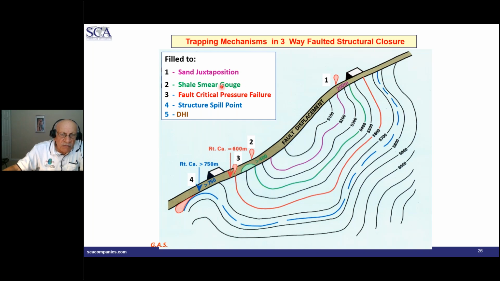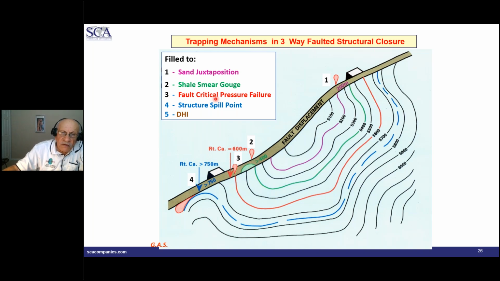But if you have a gouge in that shale smear, all your hydrocarbon is going to go through this gouge. Even if the gouge is 10 feet, your maximum capacity of the compartment is until you hit the gouge, right here.